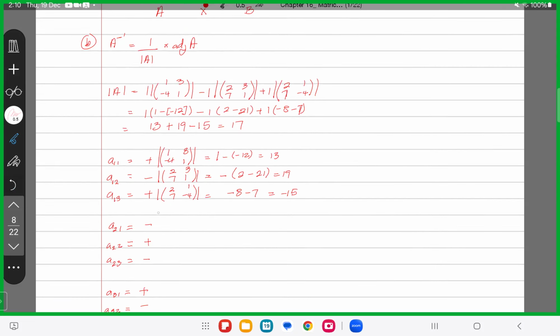So it's going to be minus 1 minus 4, 1, 1, minus 1 minus 4. This is minus 5.